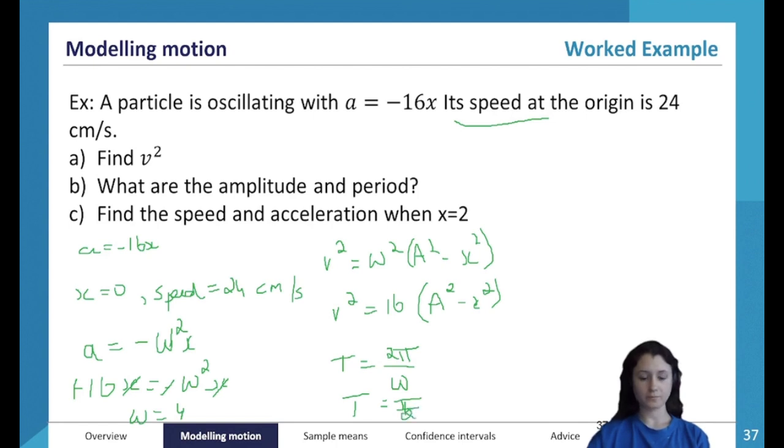So we know the period. Alright, this almost answers this question. But how can we find the amplitude? Well, if you have a look at your formulas, you'll see that the only formulas including amplitude in them are those two for displacement.